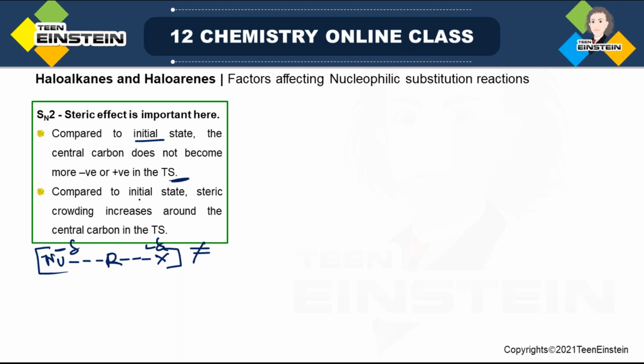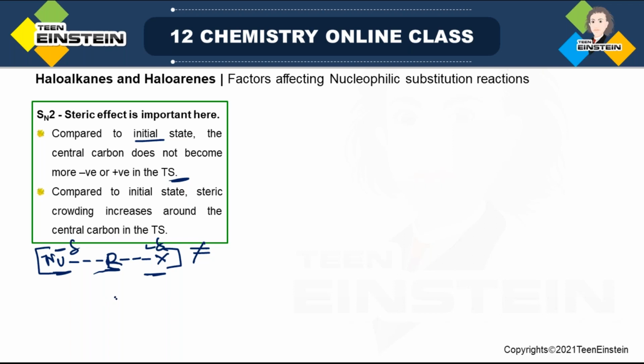But come to the second point: compared to the initial state, steric crowding increases around the central carbon in the TS, because now this central carbon has groups attached on both sides. So in the transition state, steric crowding is increased. Here I have written it in a very simple way, but consider the actual molecule.